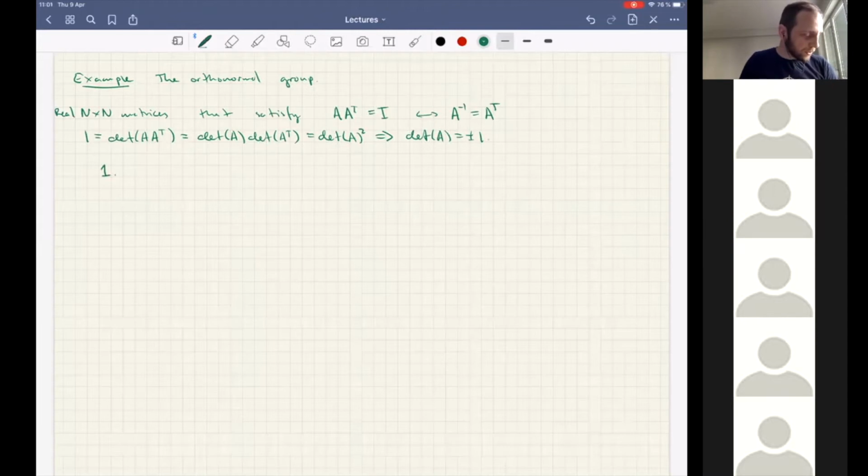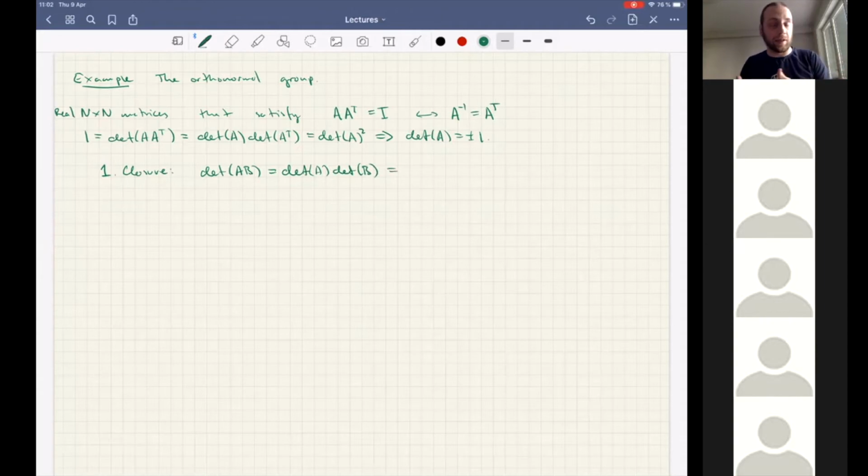So first of all, closure. The determinant of AB is the determinant of A times the determinant of B, and if both have magnitude 1, then that is also true for their product. So this is plus or minus 1, and A times B is also an element of the group. Two, identity.